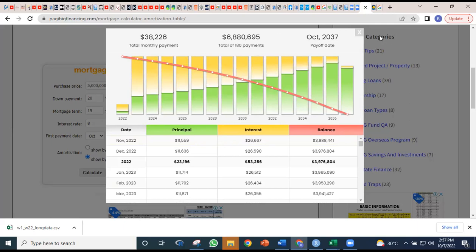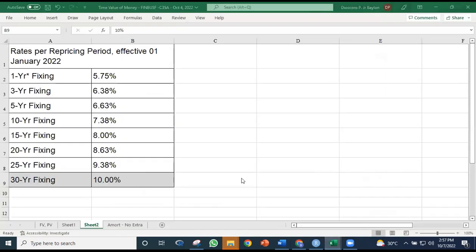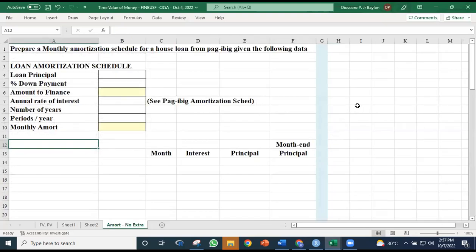Okay, so let's discuss first how do we create an amortization schedule using Excel. Okay, so let's go here and let's go to amortization. Okay, so we're tasked to prepare a monthly amortization schedule for a house loan from Pag-ibig given the following data. Okay, so let's have 5 million.